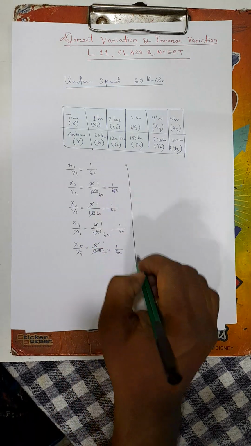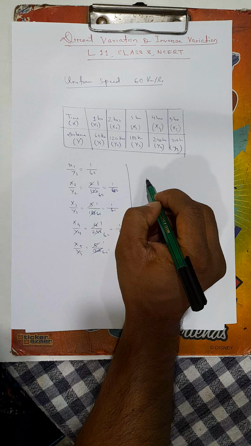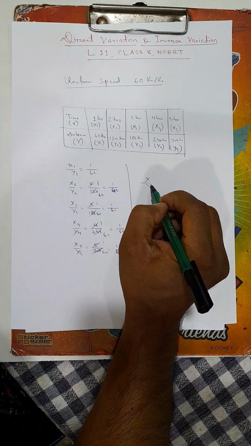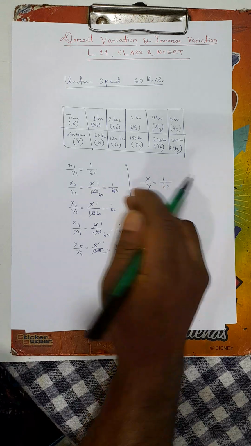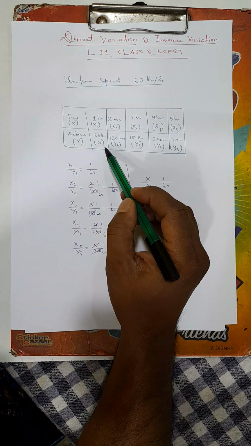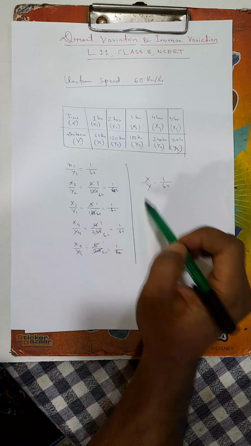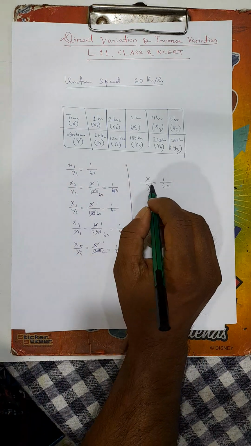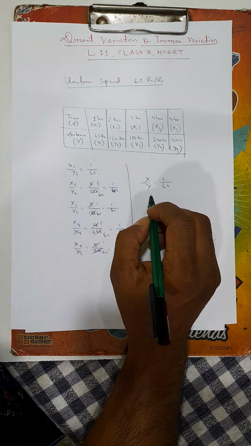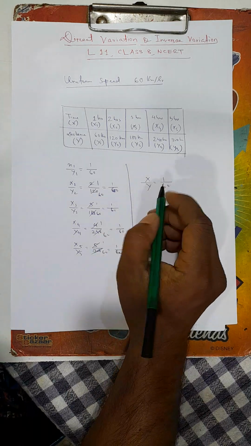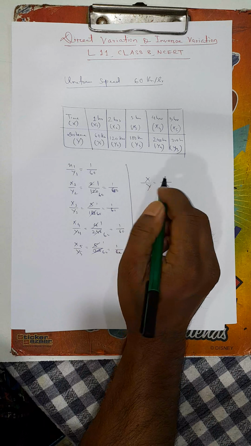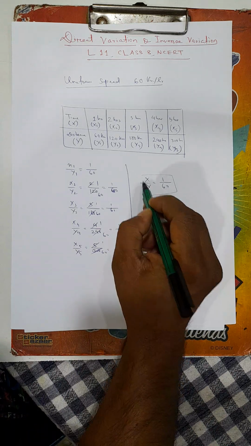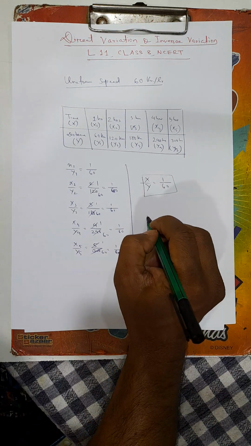So you see the relation between x and y is such that x by y is constant. It is 1 by 60. Right? In every case, you find it is 1 by 60. So these two quantities x and y are related in such a way that x by y is a constant. So we say that x and y are directly proportional.